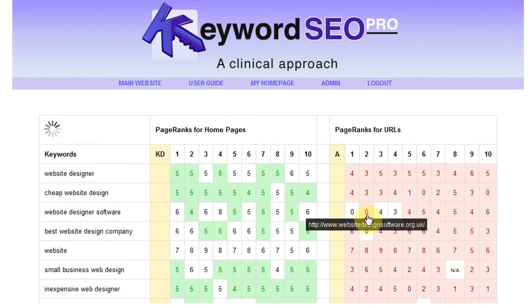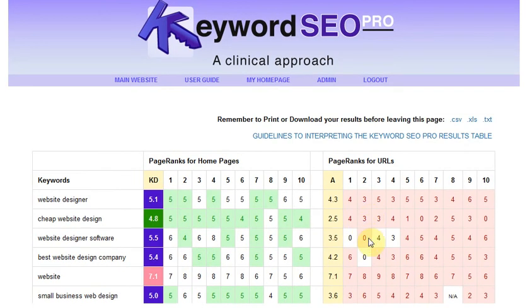Home pages that are themselves competing for keywords are given a boost. Home pages are indicated in pink on this side, and when the boost has been applied, you can see that by the cells being green on the left-hand side, which are the page ranks for home pages.